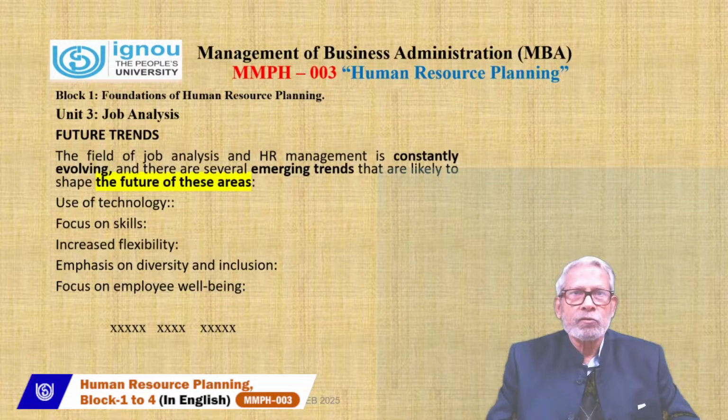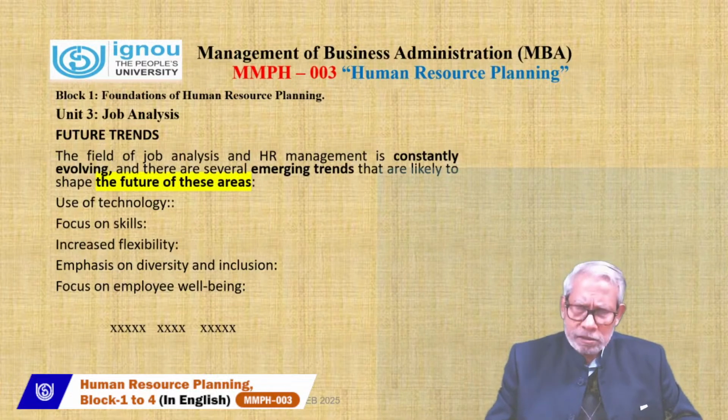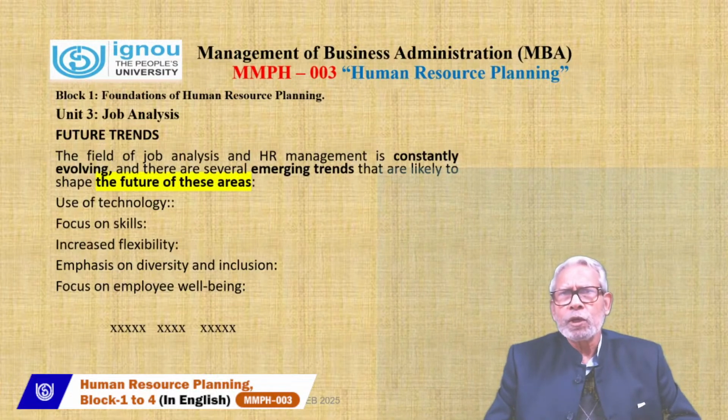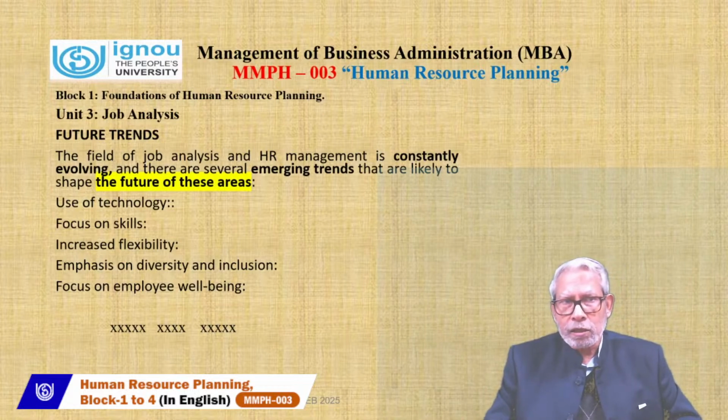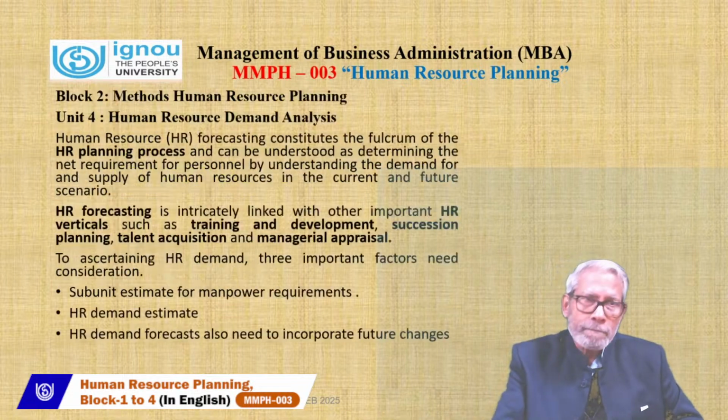Well-being health-wise or otherwise, mentally, stress should be reduced, and there should not be any conflicts. So that is the well-being situation. So these are some of the future trends for job analysis purposes.